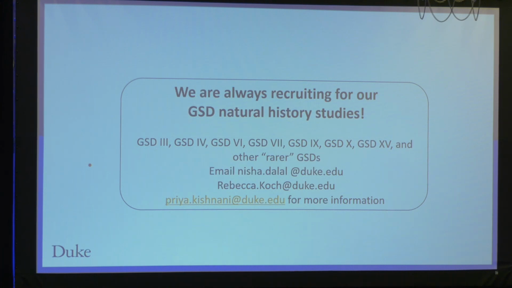And I will be glad to share that paper with you. It's under review. So simpler things that we could do, but we're just not monitoring patients over time. So what she did was she looked at those blood markers, and then she looked at those patients who had imaging, and then she looked at those patients who had a biopsy and tried to connect the dots there. And I think we have some good information, which I'll be happy to share. And this is specifically for GSD type 3 that this work has been done.